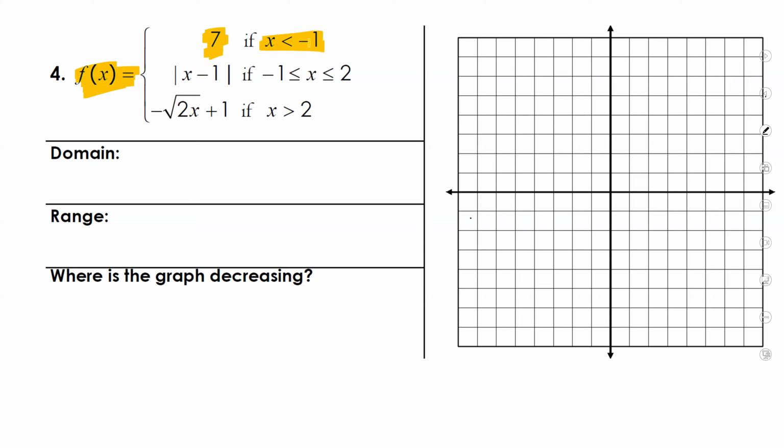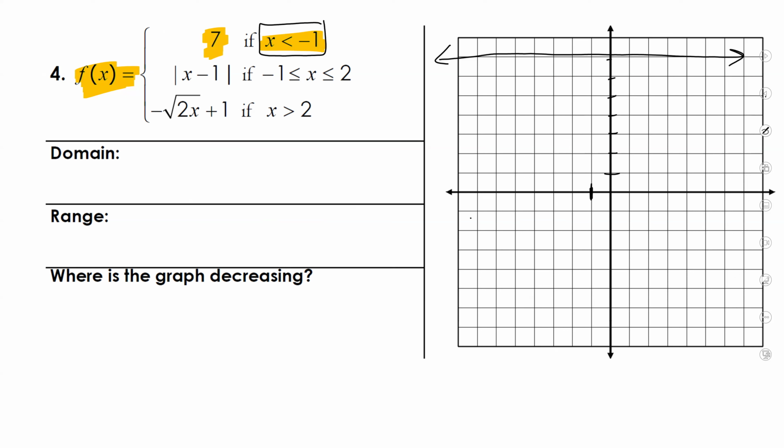So let's go ahead and graph this. This is basically the equation y equals 7. So I'm going to go up to 7 on the y-axis. 1, 2, 3, 4, 5, 6, 7. That's this line. We only want values that are less than -1, when x is less than -1. So here's -1.